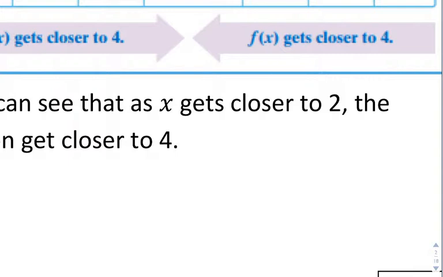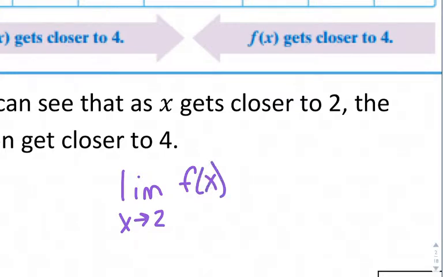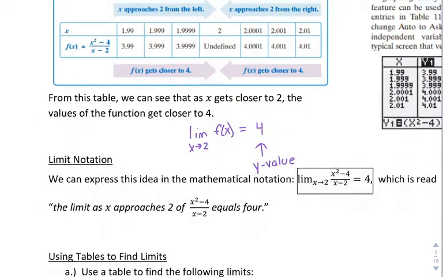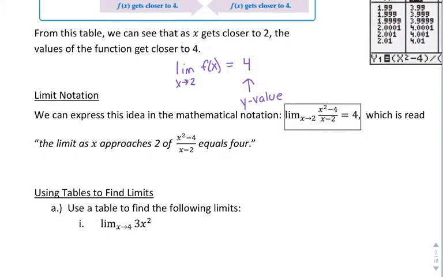How we would write that is the limit as x goes to 2 of my function up above would be 4. So this is always a y value. You can write f of x, or you can actually put the fraction in, but it reads as the limit as x approaches 2 of x squared minus 4 over x minus 2 equals 4.